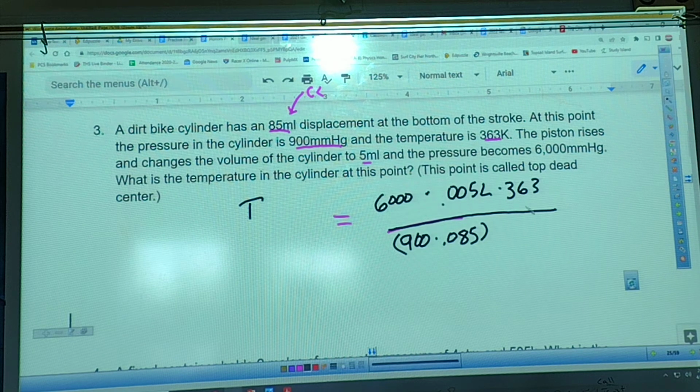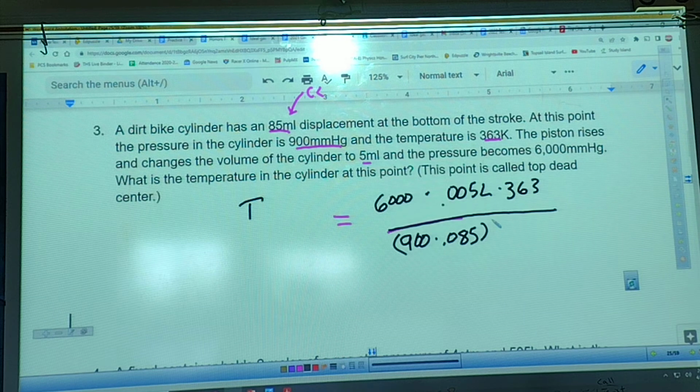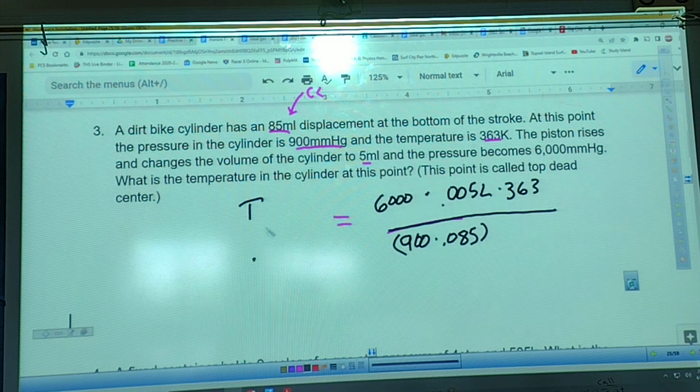Don't forget, we've got to use these parentheses on the bottom, or your calculator will give you the wrong answer. 6,000 times 0.005 times 363 divided by parentheses 900 times 0.085 close parentheses equals, I get 142 degrees Kelvin. So my answer is 142 Kelvin.